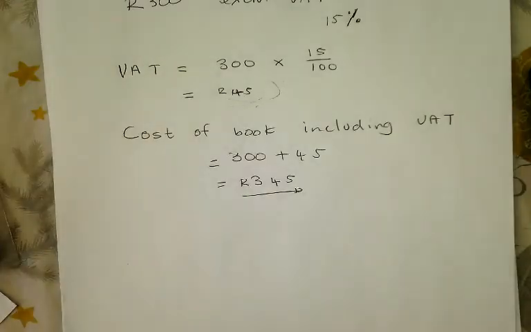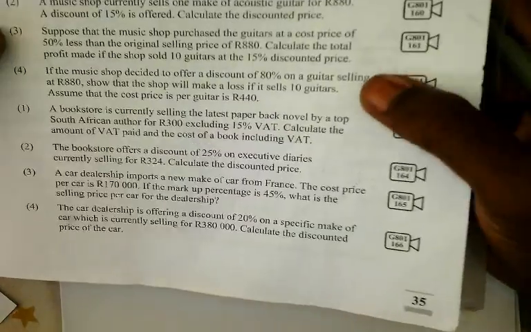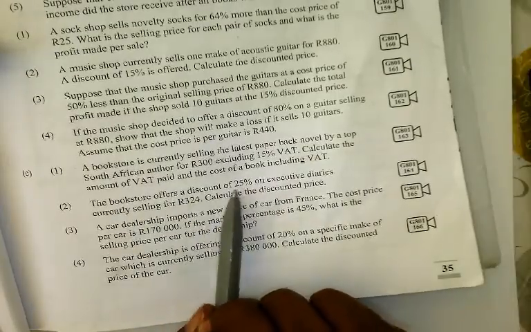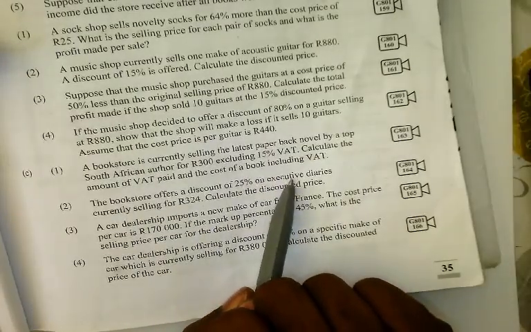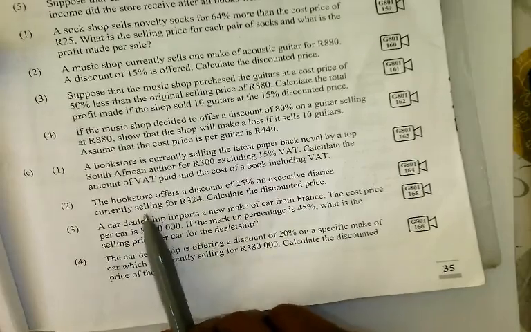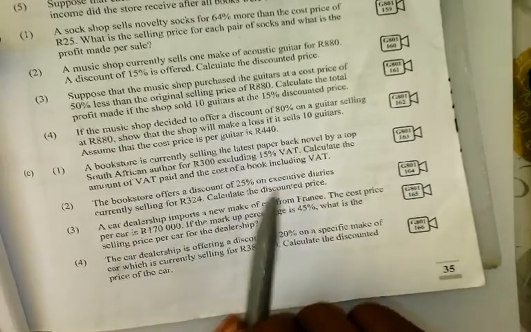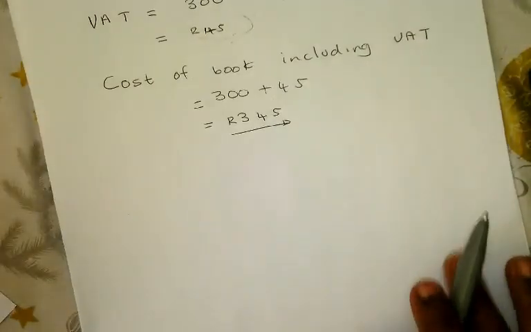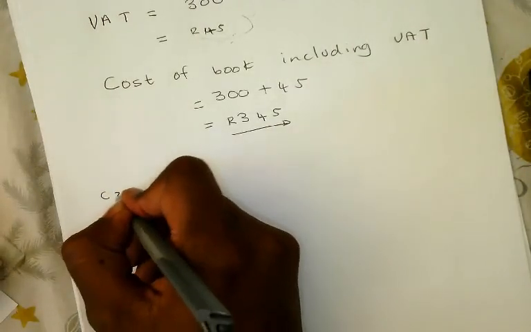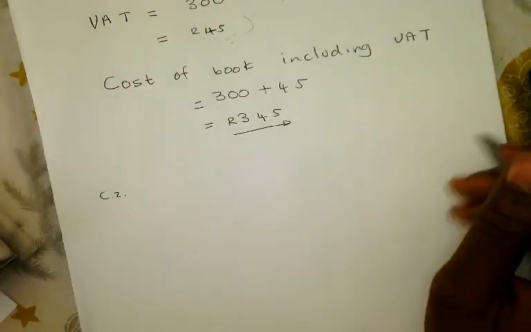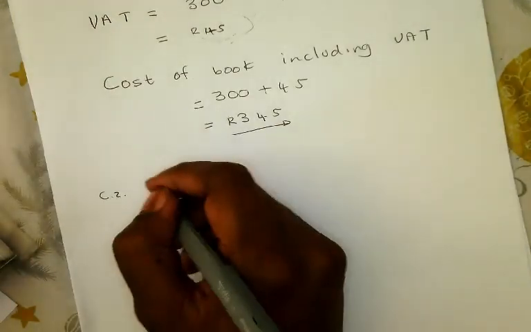Moving along, question 2C2. Let's read together. The bookstore offers a discount of 25% on executive diaries currently selling for 324. Calculate the discounted price. So let's do the question. C2. They're selling a discount on diaries, 25% discount.